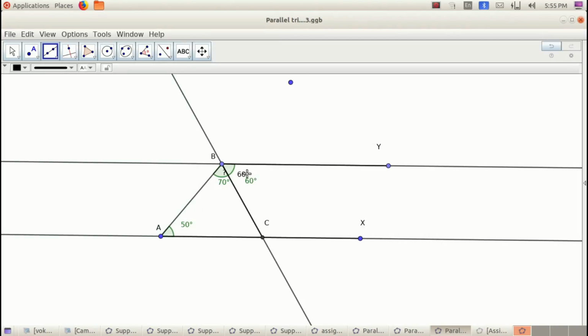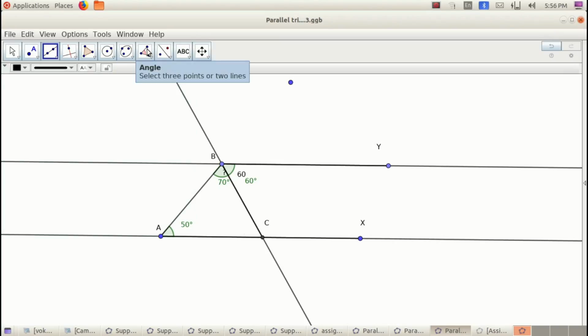Now this angle, listen here, which is it? CBY. The angle CBY and ACB are alternate pairs. We studied earlier. And what about the measurement of alternate pairs? Measurement of alternate pairs are the same. And so what will be here? 60.